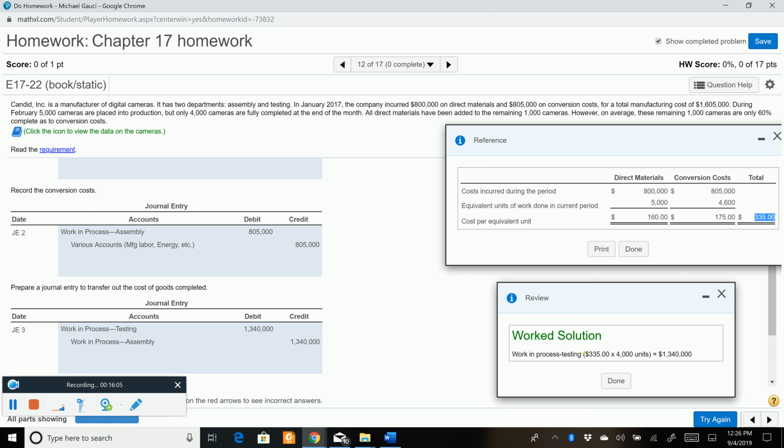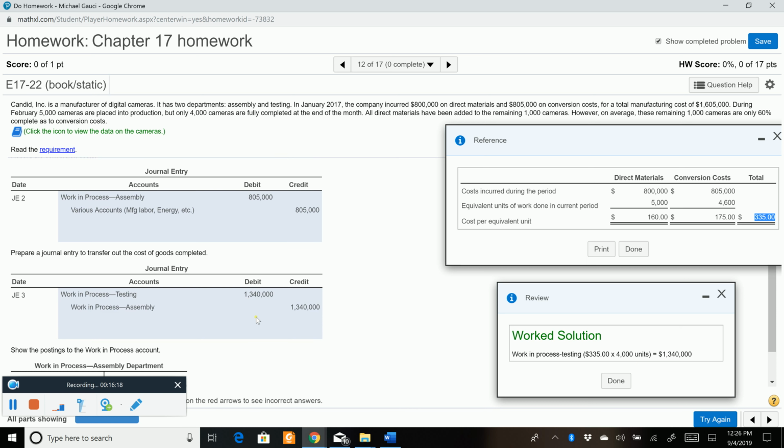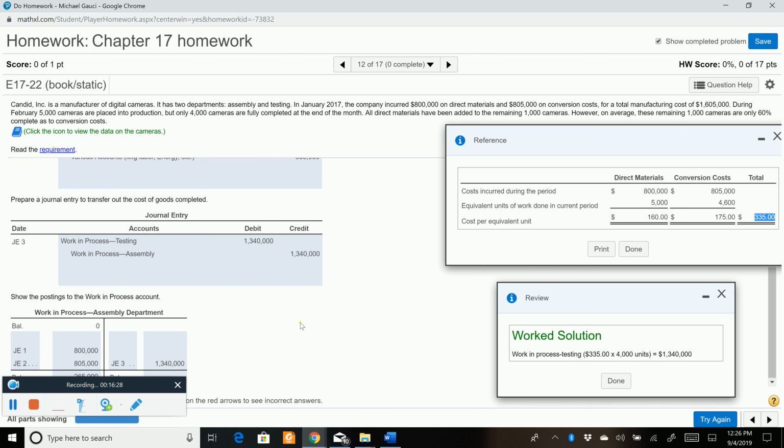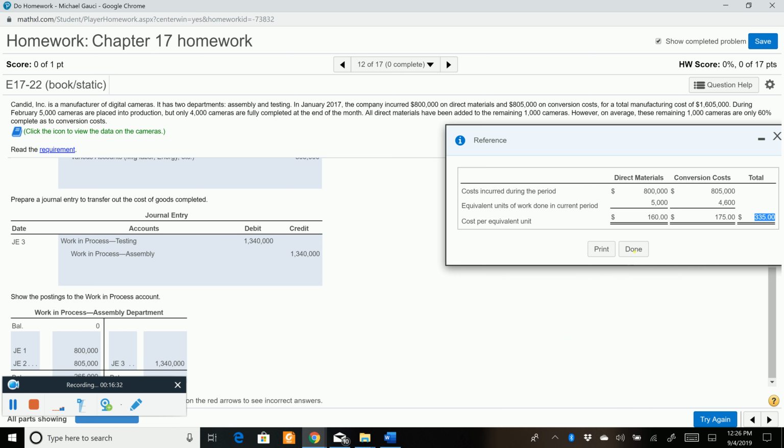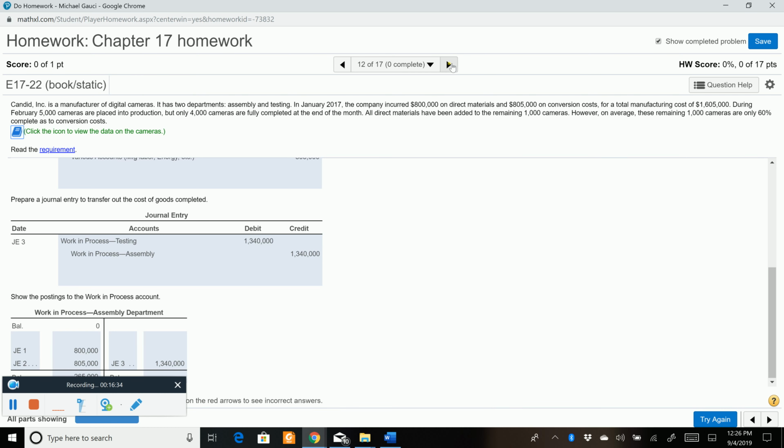If we multiply $335 by the 4,000 units that were totally completed and moved on, you get $1,340,000. So we'll debit the new WIP stage, which is testing, and we will credit the old WIP, which is assembly. That basically moves it from one WIP stage to the next.